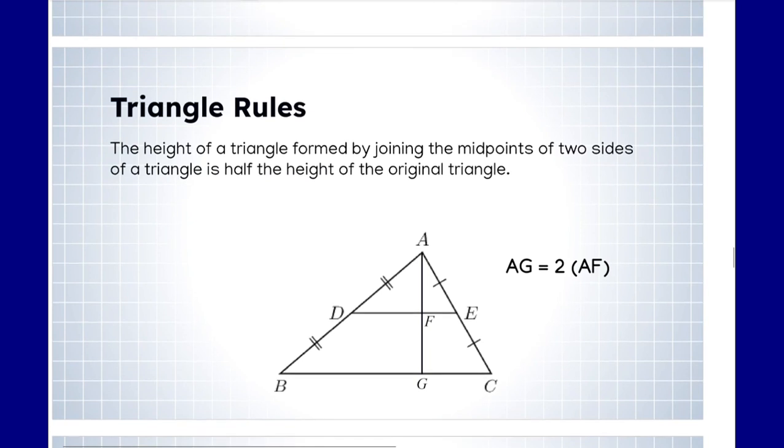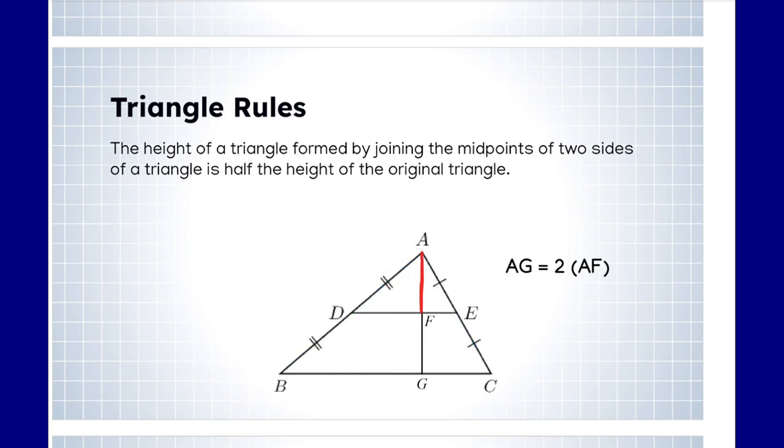Another triangle rule, if we take that line formed by the midpoints D and E that we just created, the height of the new triangle that's formed, this new triangle kind of highlighted in yellow, this height, AF, I'm drawing in red, is half the height of the original triangle, which is all of this.